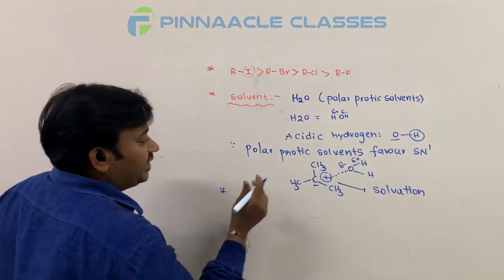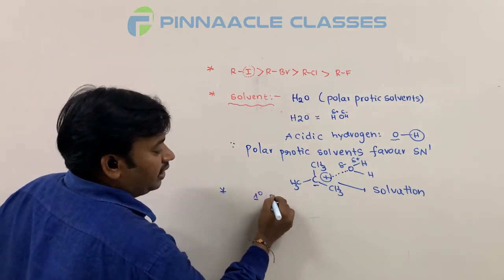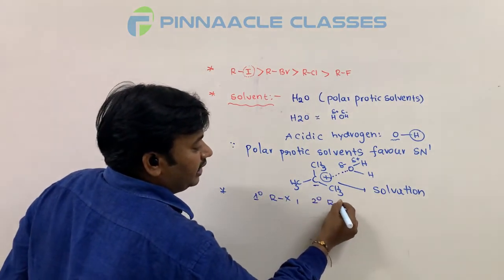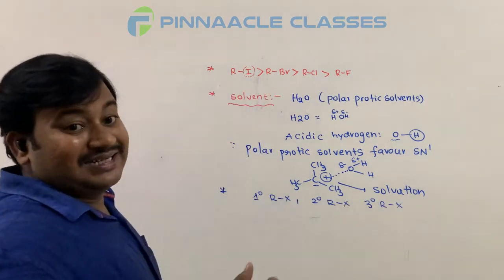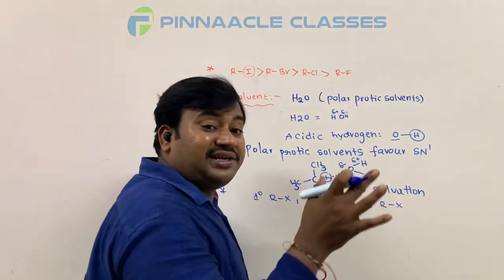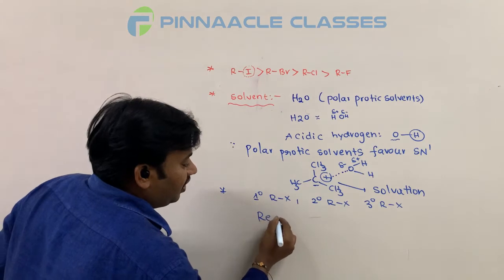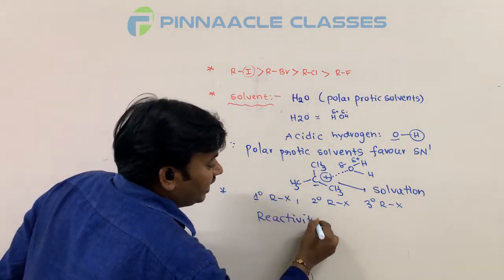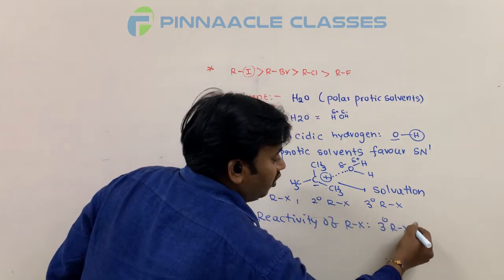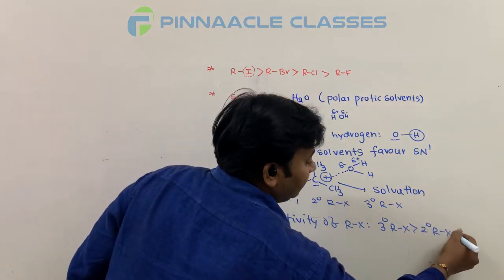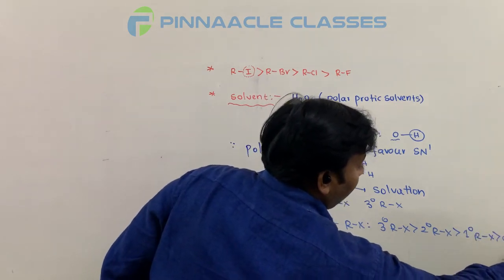For example, regarding different types of alkyl halides, take primary alkyl halide, secondary alkyl halide, and tertiary alkyl halide. Which is more reactive? That depends on the stability of the intermediate carbocation. We are taking the reactivity of alkyl halides: tertiary is always more reactive than secondary, than primary alkyl halide, than methyl halides.